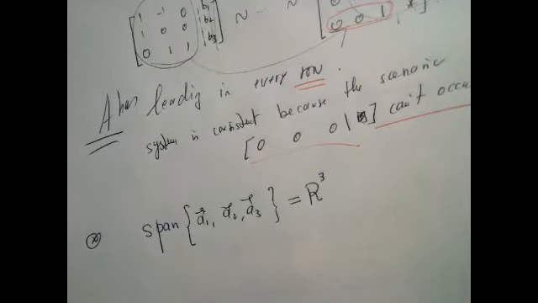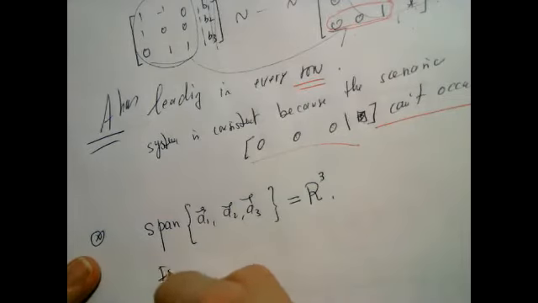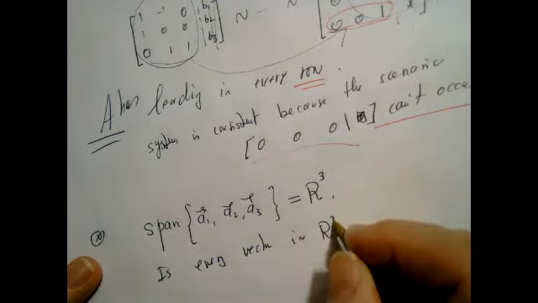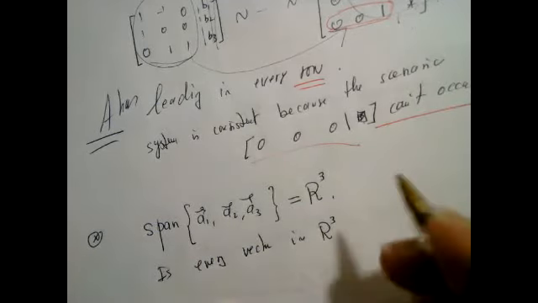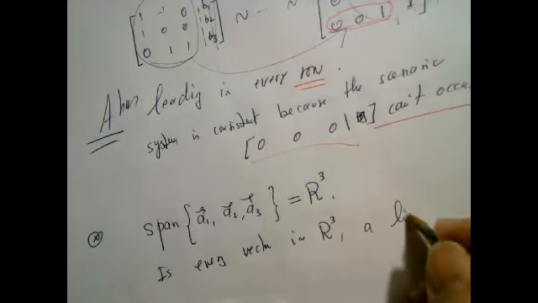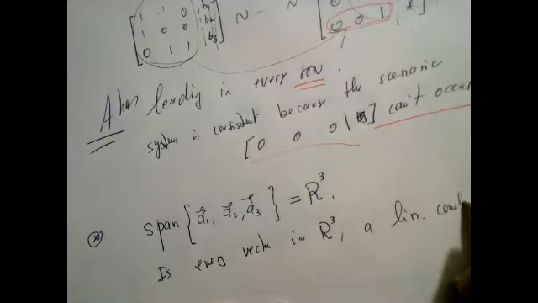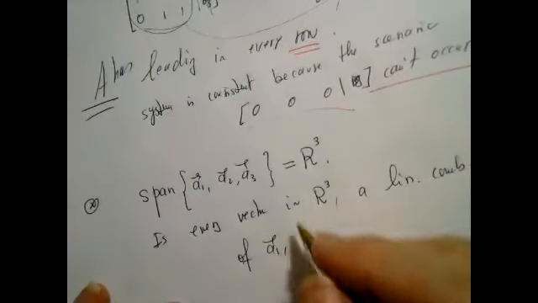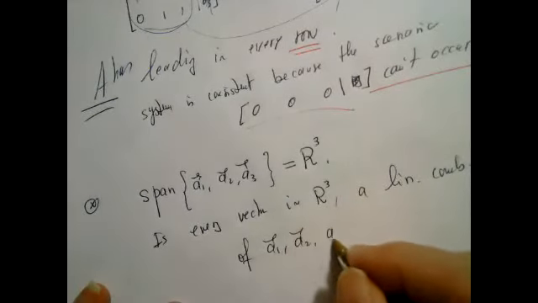It means, is every vector in R3 a linear combination of A1, A2, and A3?